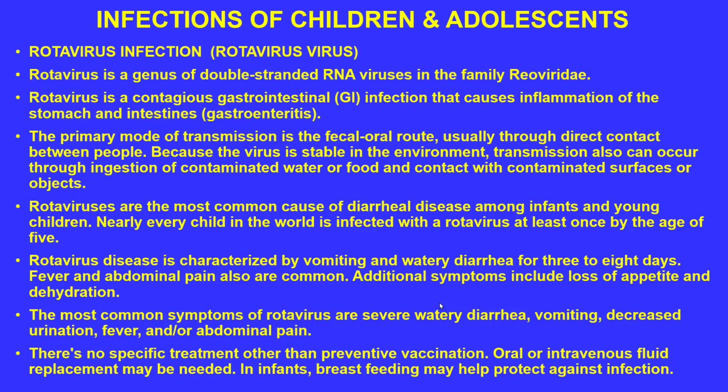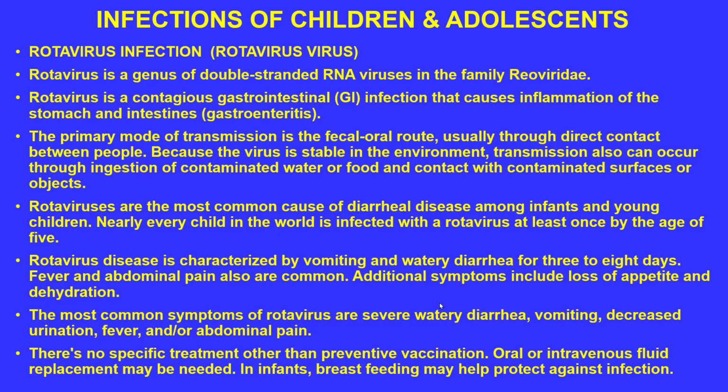Rotaviruses are the most common cause of diarrheal diseases among infants and young children. Nearly every child in the world is infected with a rotavirus at least once by the age of 5. Rotavirus disease is characterized by vomiting and watery diarrhea for about 3 to 8 days.